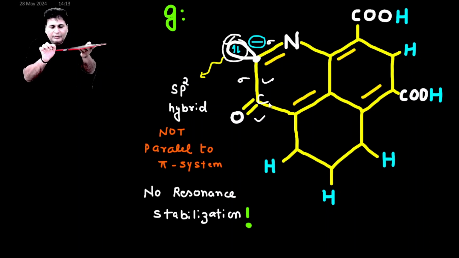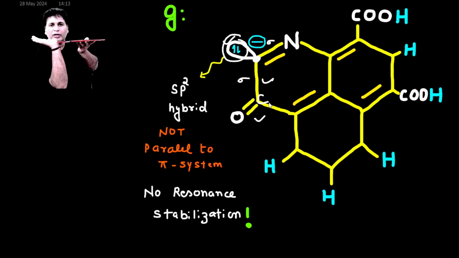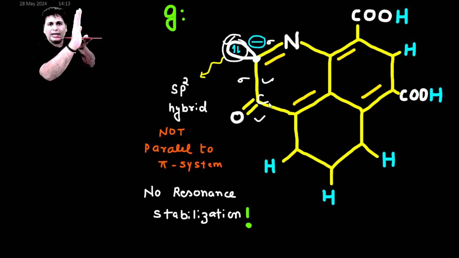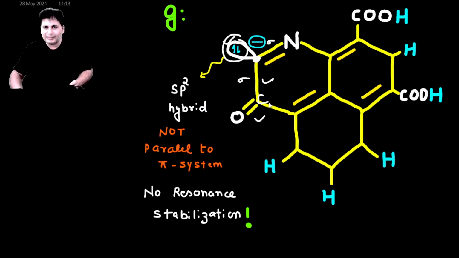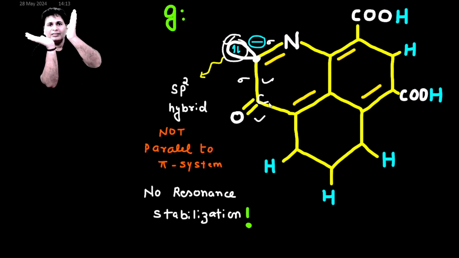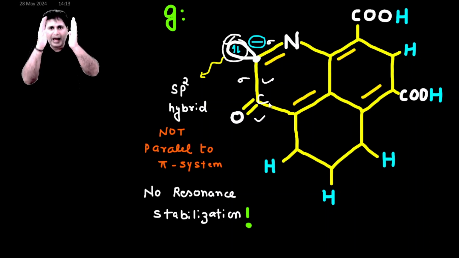And this carbon which we are talking about has a lone pair in an sp2 hybridized orbital like this. So the pi bond of the C double bond O is like this and the lone pair is like this. So you should understand these 2 electron pairs, this pi bond and the lone pair, are not parallel.